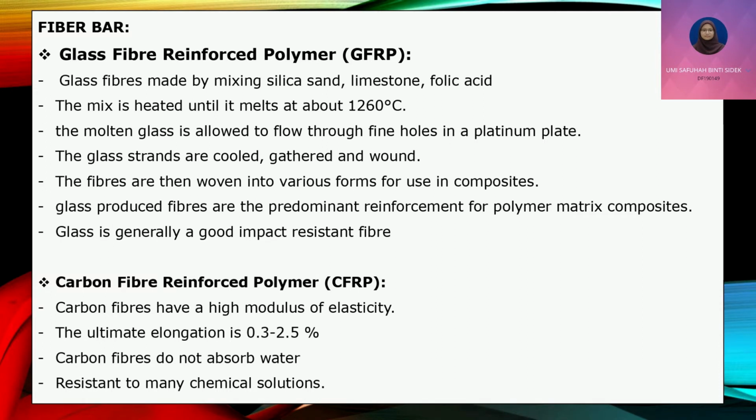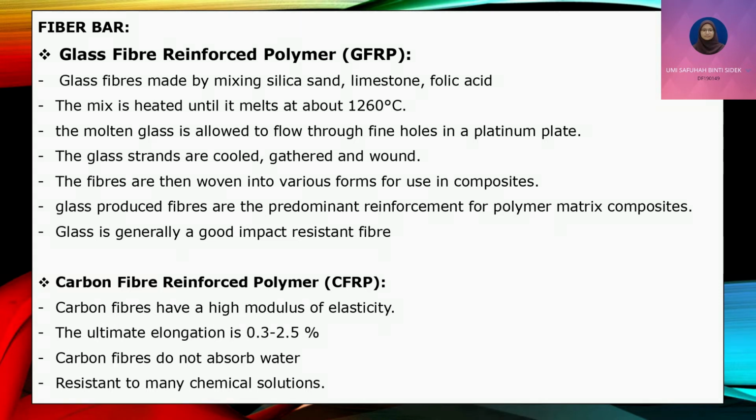The mix is heated until it melts at about 1260 degrees Celsius. The molten glass is then allowed to flow through fine holes in a platinum plate. The glass strands are cooled, gathered, and wound. The fibers are drawn to increase directional strength. The fibers are then woven into various forms for use in composites.